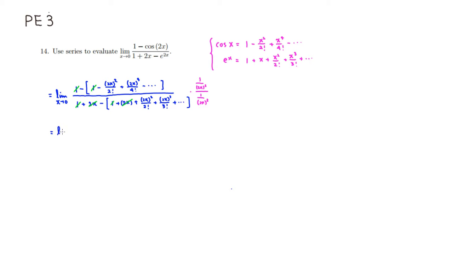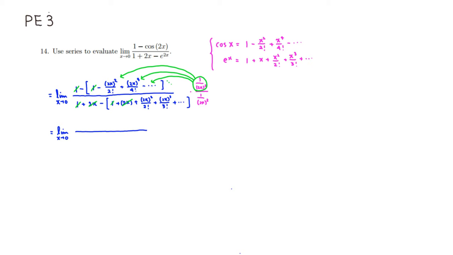So the limit as x approaches 0: you're going to have these terms. I'm going to distribute this to each remaining term, and we just keep on doing that.